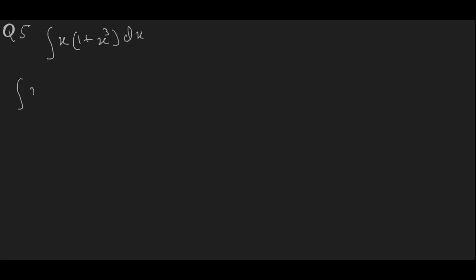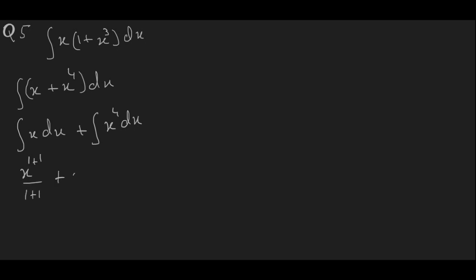Here first of all we simplify by multiplying x inside, giving integral x dx plus integral x raised to power 4 dx, which is x raised to power 1 plus 1 over 1 plus 1 plus x raised to power 4 plus 1 over 4 plus 1, and finally plus c. Now we simplify it to x squared over 2 plus x raised to power 5 by 5 plus c.